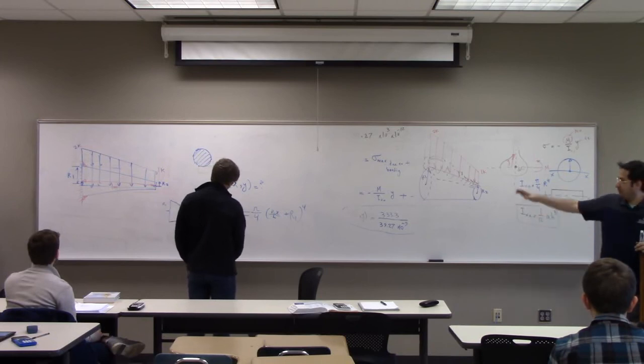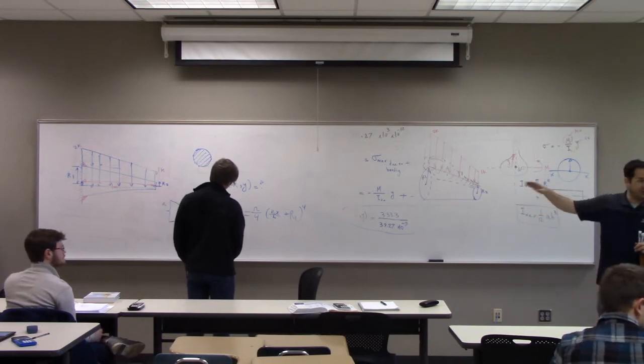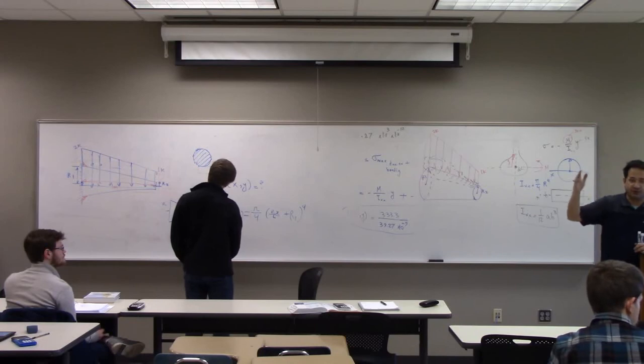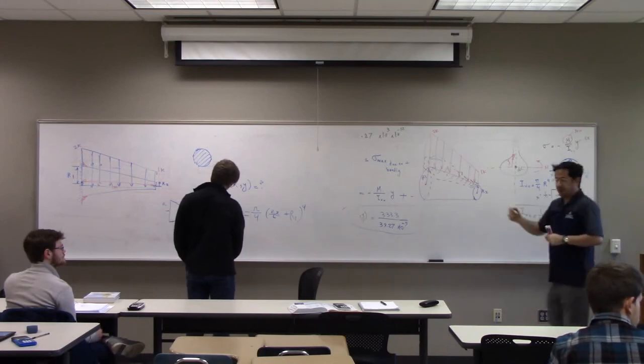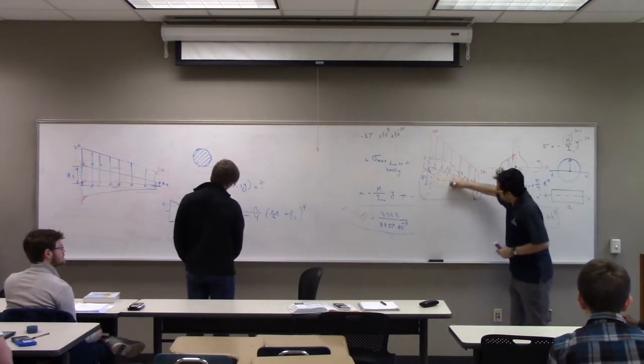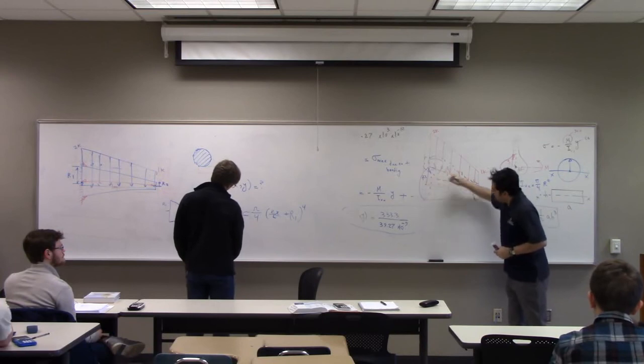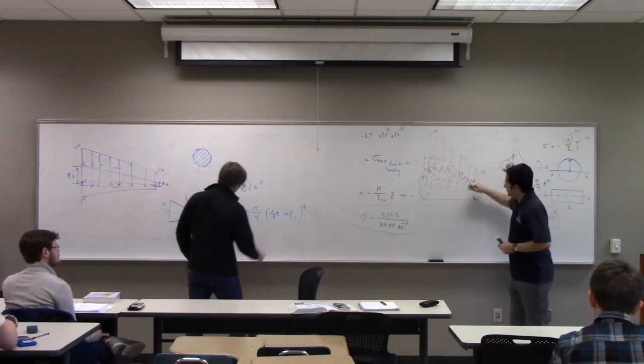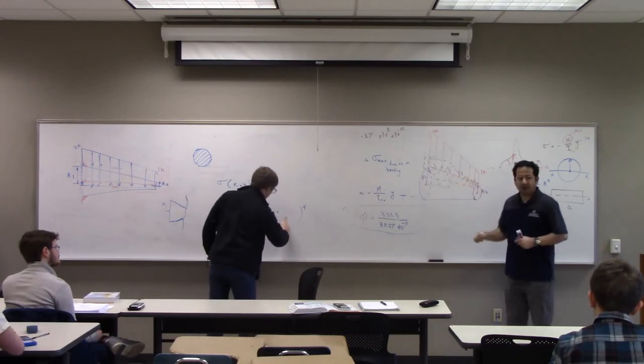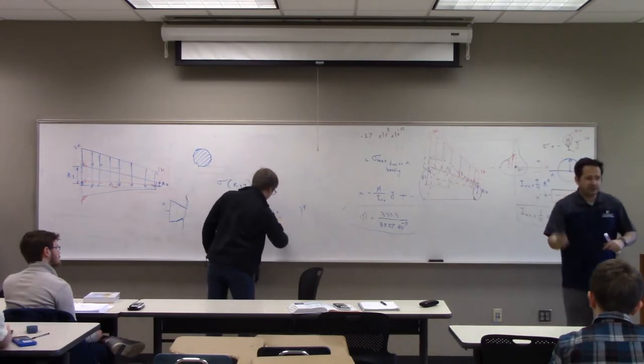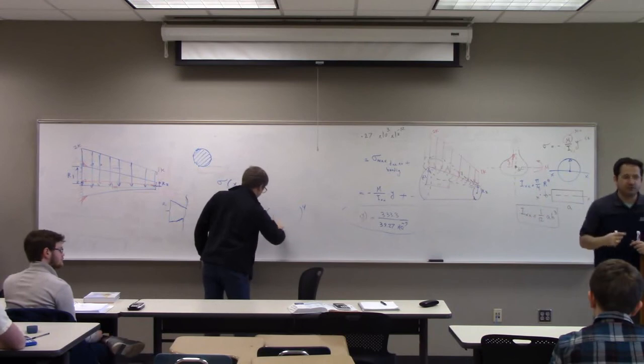So go home, if you do that correctly, you're going to get a function of x and y. And what is x? The distance from the base. This is x. And what is y? Distance from the center, y. Take the derivative, make it equal to 0.